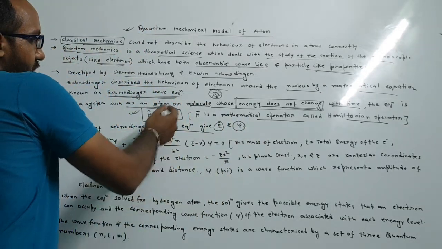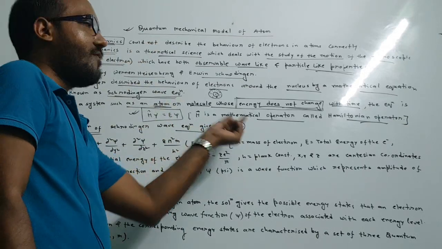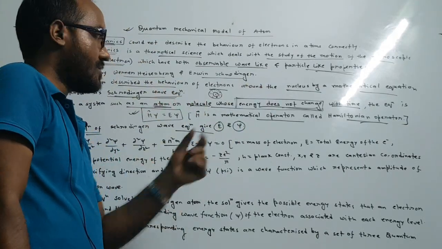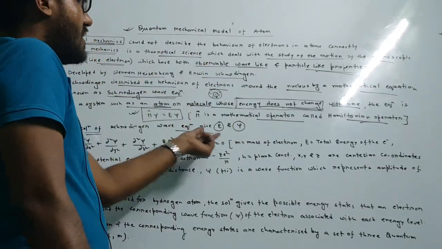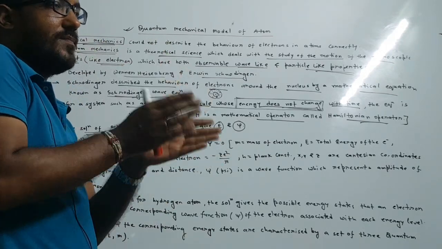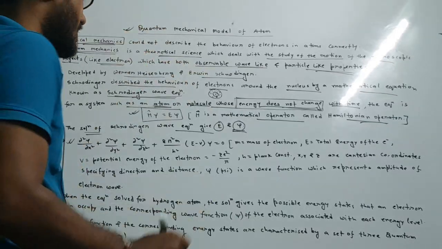Psi is a wave function and E is the energy related to that wave function. This is also known as the probability density function, because we are interested in finding the position of the electron at a particular time.